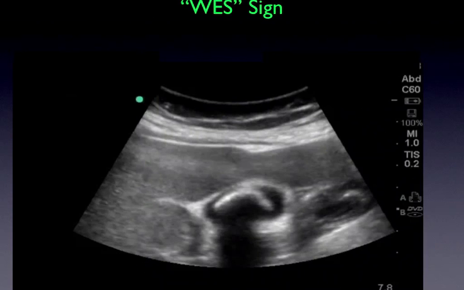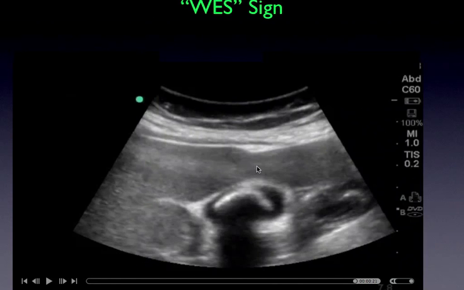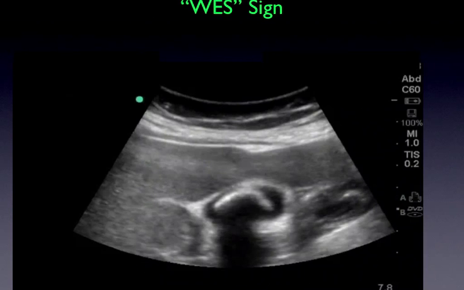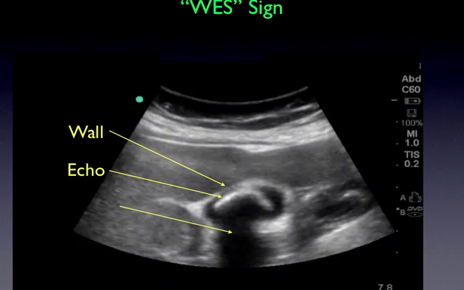In this case, we have the gallbladder that's contracted around a stone. We don't see a big gallbladder. We see over here the wall of the gallbladder. Over here is the echo of the stone. And over here is the shadow that's cast by the ultrasound beam unable to penetrate. So wall, echo, shadow. That's the West sign.